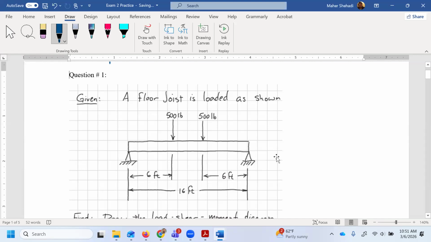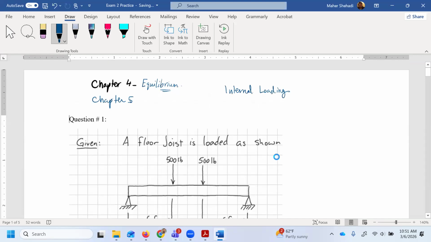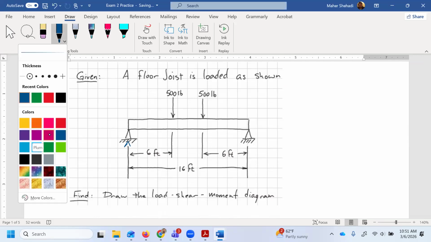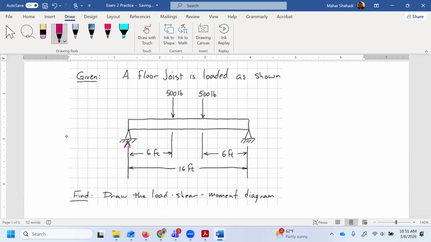That's probably what we'll be doing in order for us to find first the shear and bending moment diagram. So the first step is to find those two support forces. Let's call this point A, and here B, and RB.